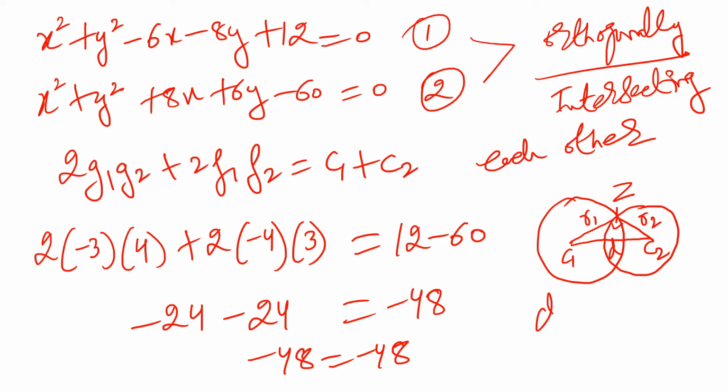So by Pythagoras theorem, D square is equal to R1 square plus R2 square. Fine. And if you have understood this thing, then now the answer is almost obvious. And now let us move towards the answer.